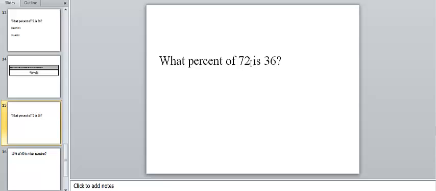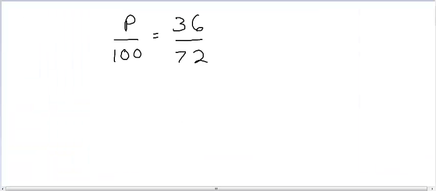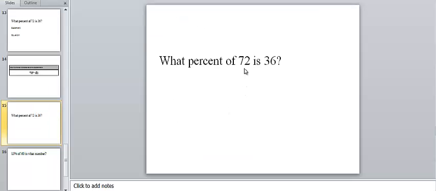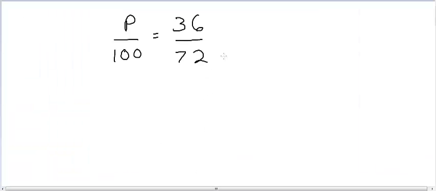Because remember, with these setups, my whole always follows the word of. So to solve for P, I can cross multiply. So I multiply P times 72, 100 times 36. Gives me the equation 72P equals 3600.